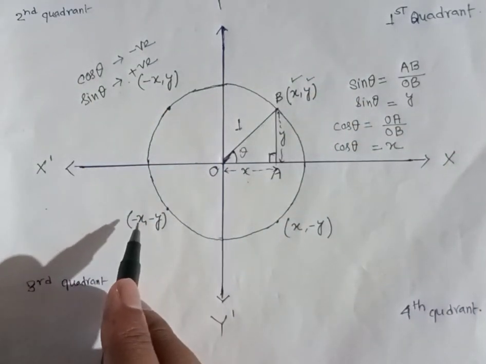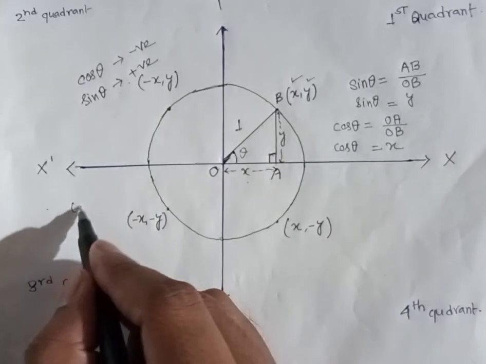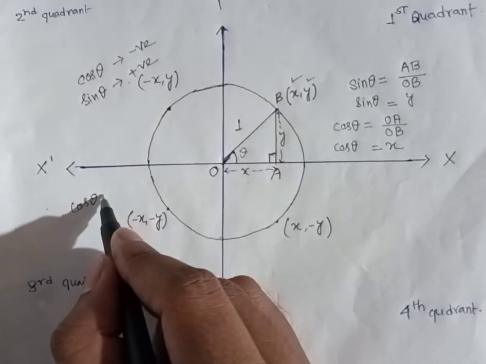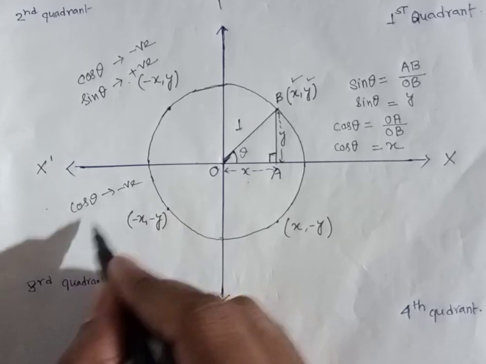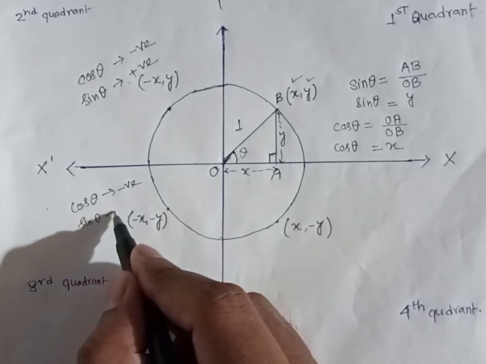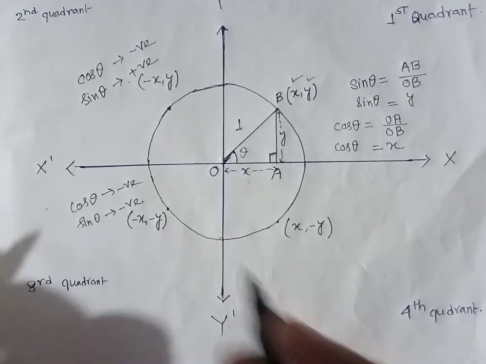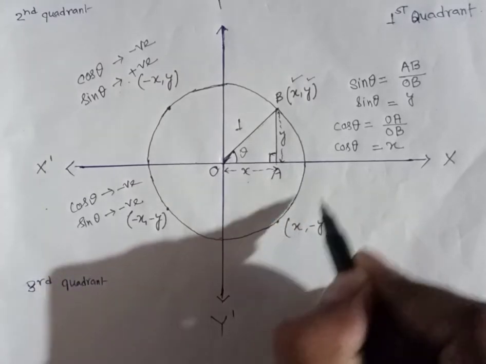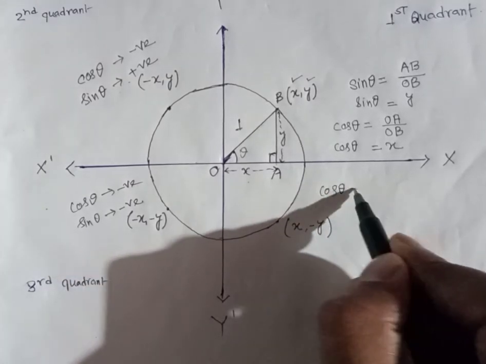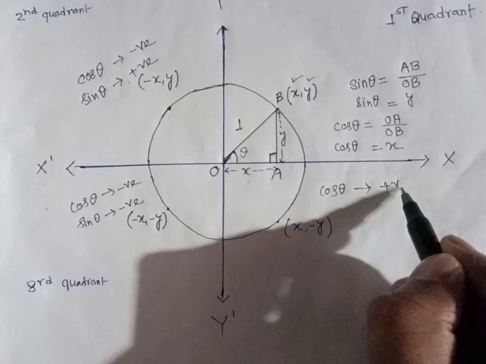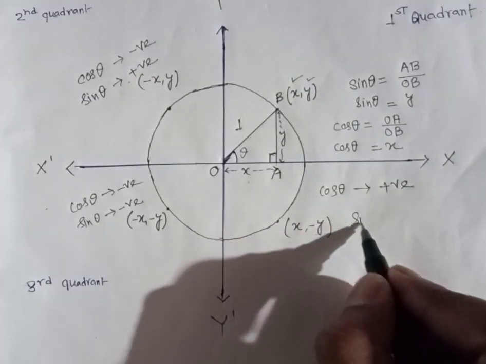Similarly, in the third quadrant both are negative, so cos theta is negative and sin theta is also negative. In the fourth quadrant, cos theta is positive, and sin theta, this is minus y, is negative.